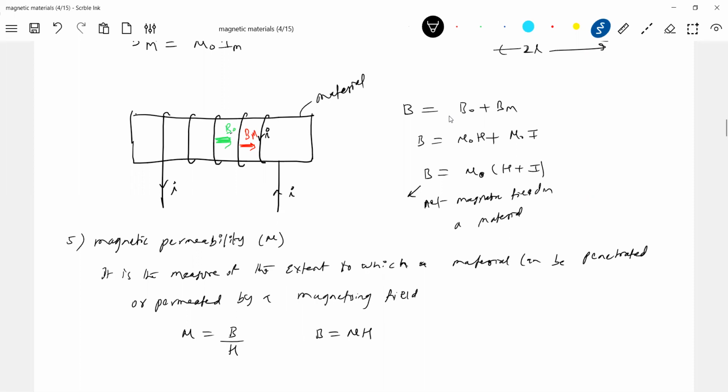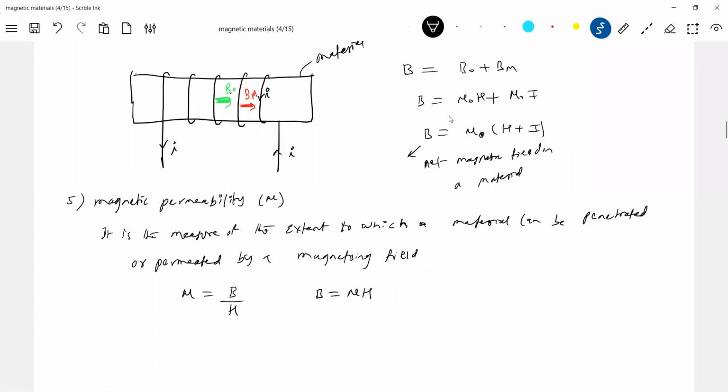Next, similarly, relative permeability. Where is that magnetic permeability? Go back to electrostatics: we had absolute permittivity of a medium, then relative permittivity. Similarly, here we get relative permeability.